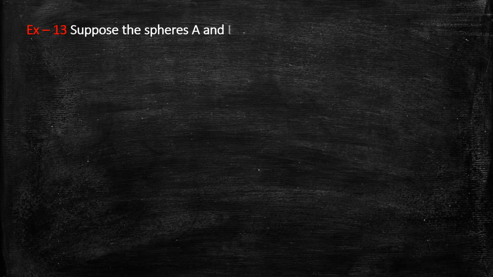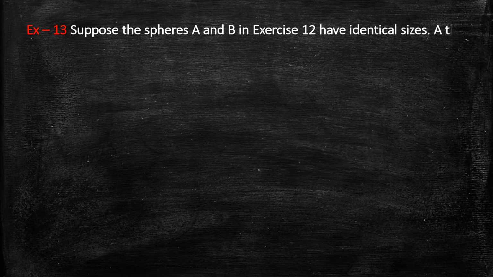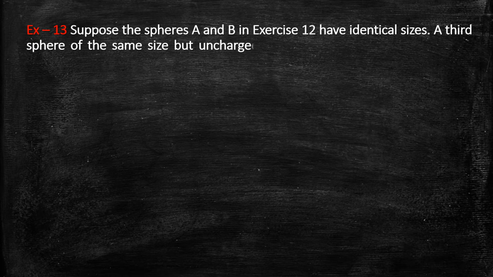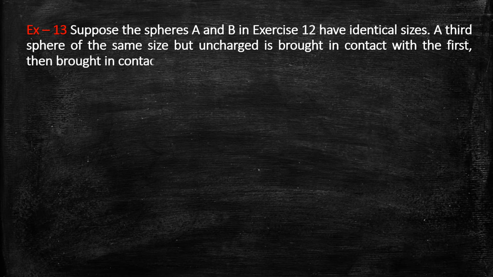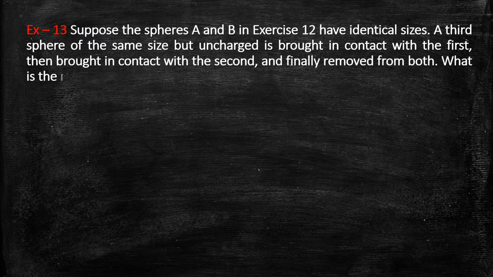Suppose the spheres A and B in the previous numerical have identical sizes. A third sphere of the same size but uncharged is brought in contact with the first and then brought in contact with the second one and finally removed. What is the new force of repulsion between A and B?